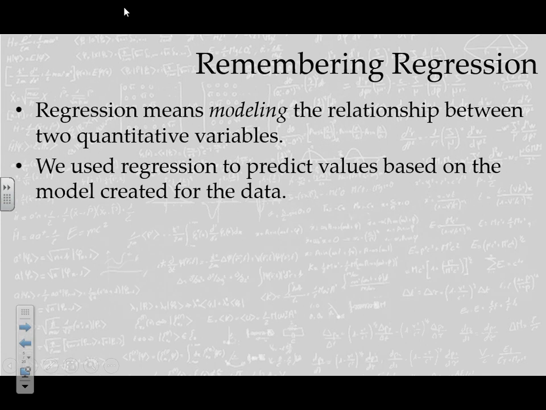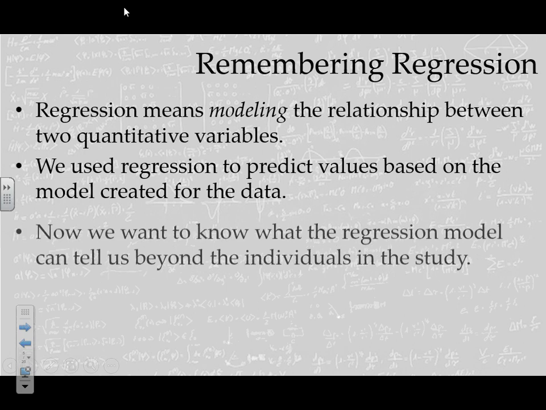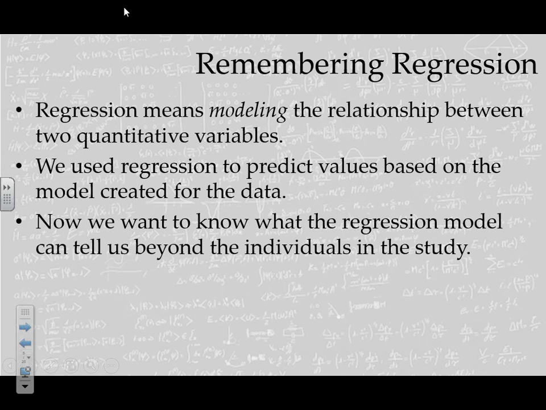We used that regression model, when we created our line, to predict values. Whatever our line said, we plugged x in and were able to get our y value out. That was a predicted value. Now we want to expand.